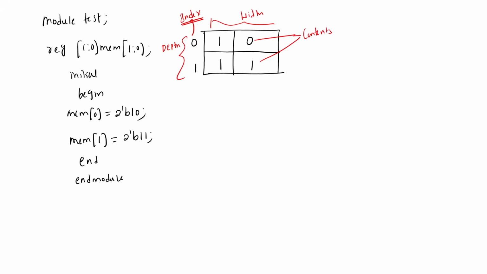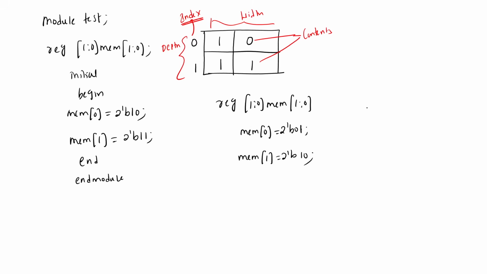Next, suppose if I declare reg [1:0] mem [1:0], mem of 0 equal to 2'b01, and mem of 1 equal to 2'b10.